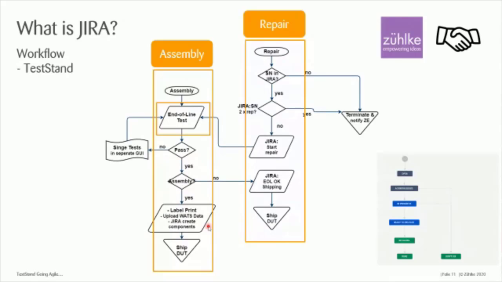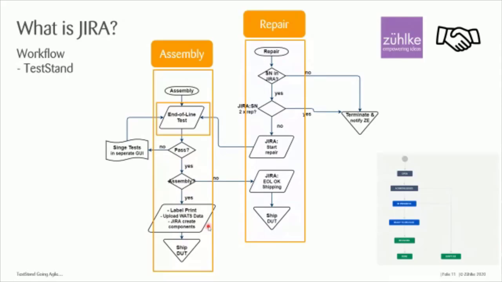Why is that useful? We simply have our ticketing system, and each ticket has to be connected to a certain serial number, so that we know, okay, this ticket we get the device shipped in belongs to this device under test, and we can go ahead and repair it.